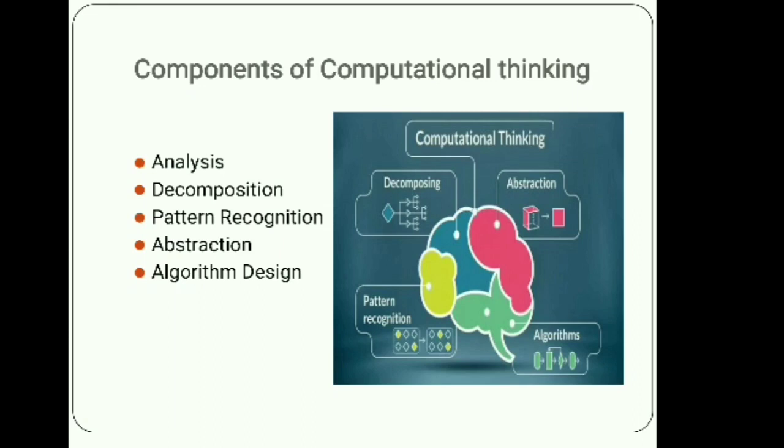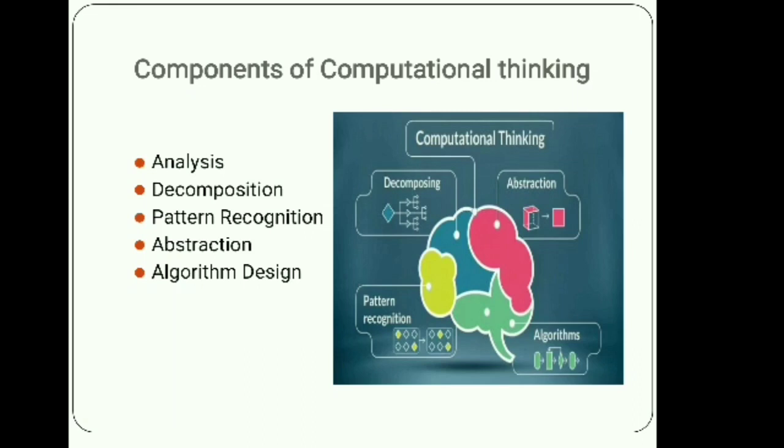Next is pattern recognition. Observing patterns, trends, and similarities in the data is known as pattern recognition. When you discover patterns, it becomes easier to make predictions or create rules to solve other problems.